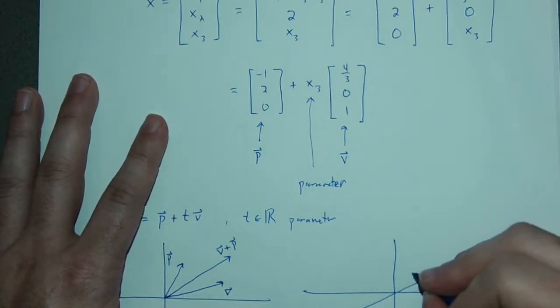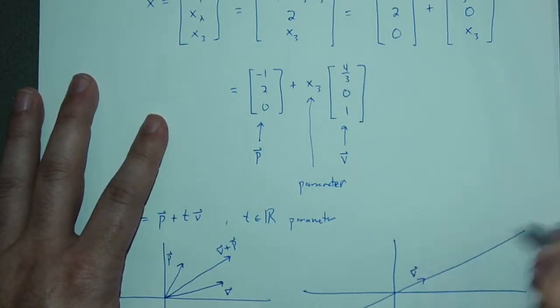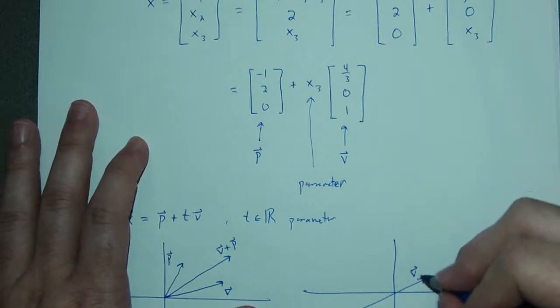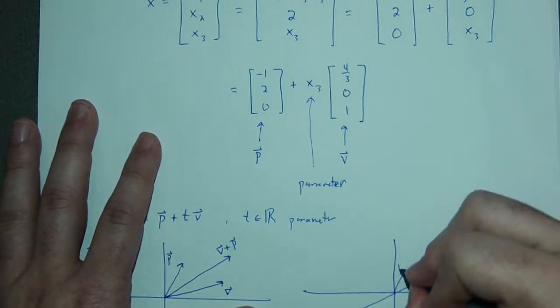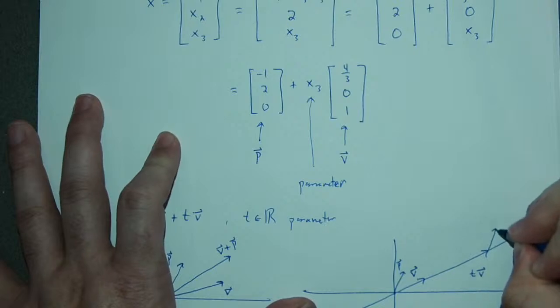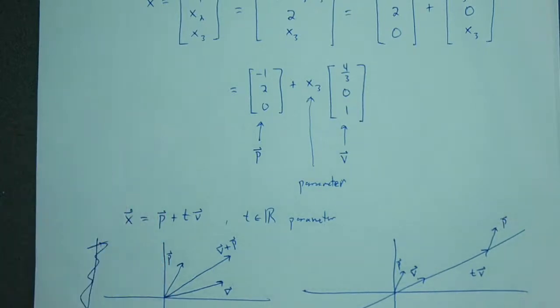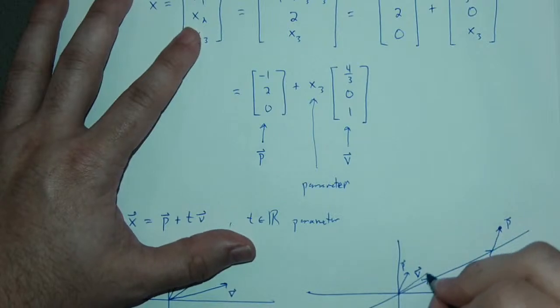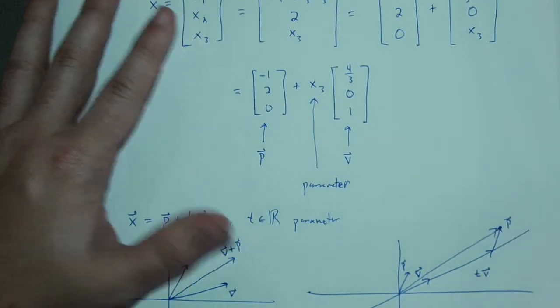So maybe here's v, and then tv is some vector out here. Adding that to p, so if here is p, adding tv to p would be done out here. Okay, so p plus tv would be this vector.